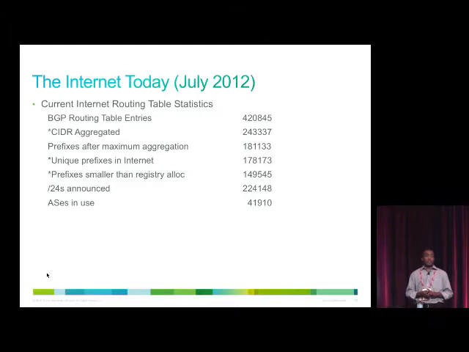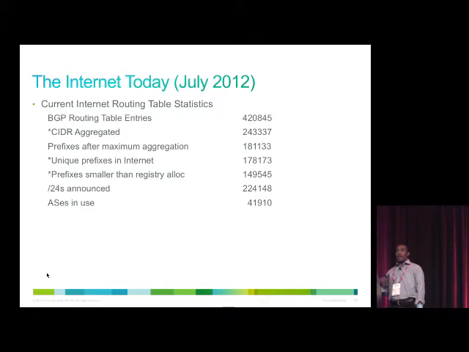Okay. So, internet table today. Even though it says today, I captured it in July. So in July, we have 420,000 routes. By now, it may probably creep up to 430,000. This is the total number of routes on the internet.